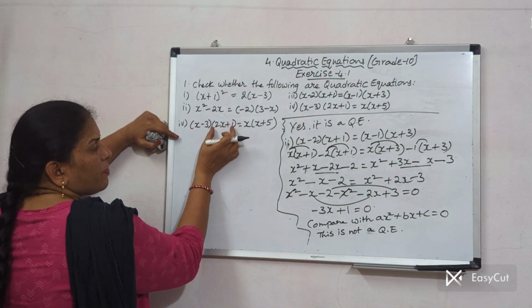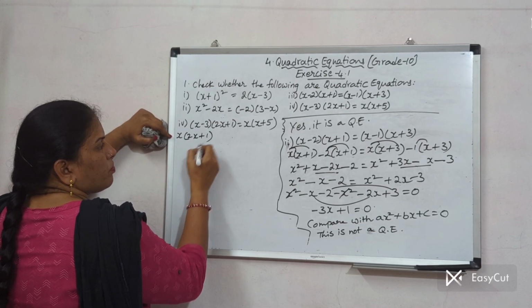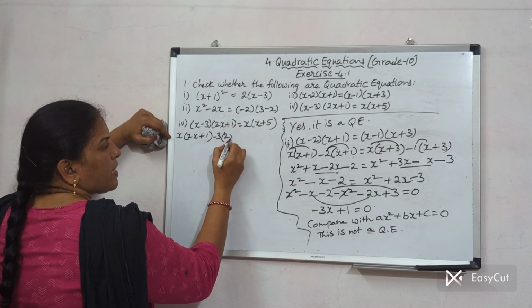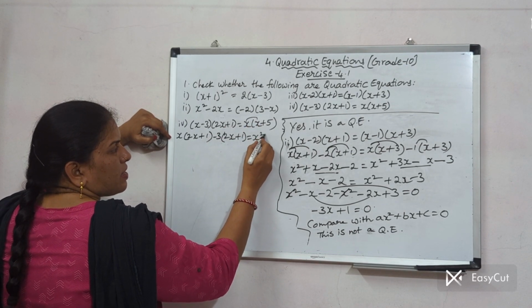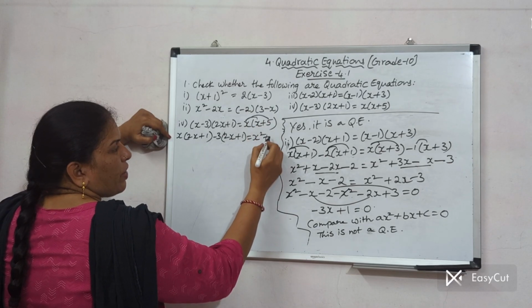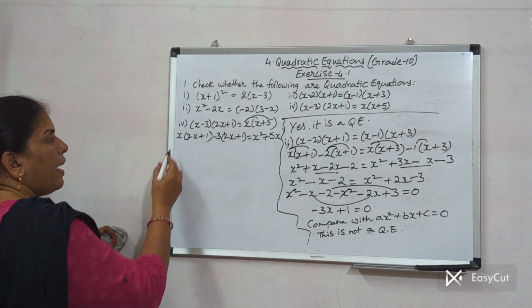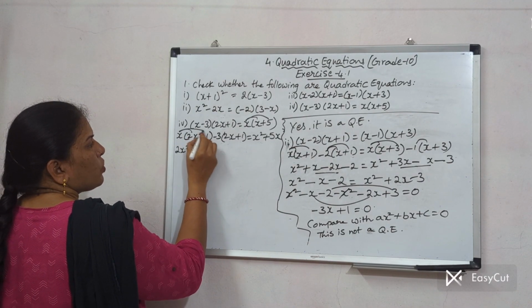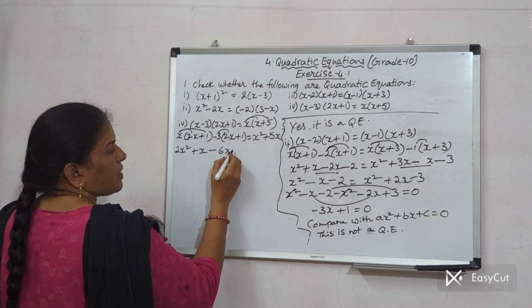I am multiplying x with this full: x into 2x plus 1. Again, minus 3 into multiplying this full: 2x plus 1, equal to x into x is x square plus x into 5 is 5x. Understood? Now, x into 2x is 2x square, plus x into 1 is x; minus 3 into 2x is minus 6x.